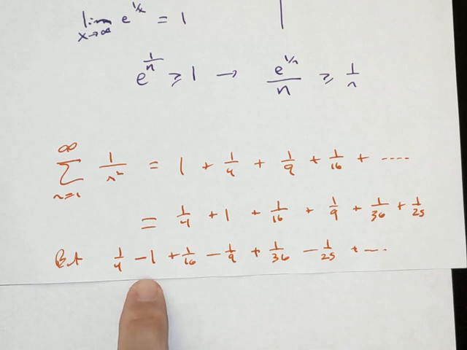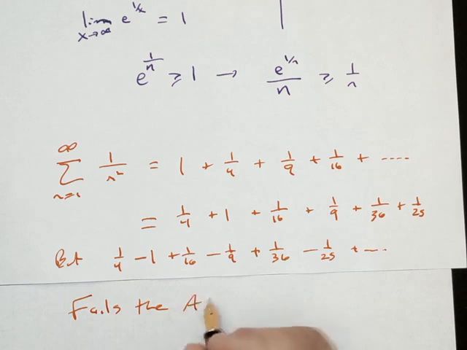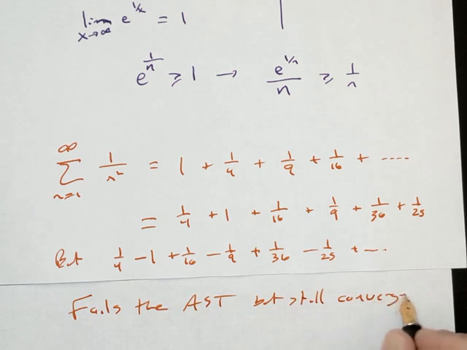That's not decreasing. 1 followed by 1/16 is, but 1/16 followed by 1/9 isn't. So this fails the alternating series test, but it still converges. Isn't that annoying? So if I pass the test, then I converge. But if I converge, I might not pass the test.